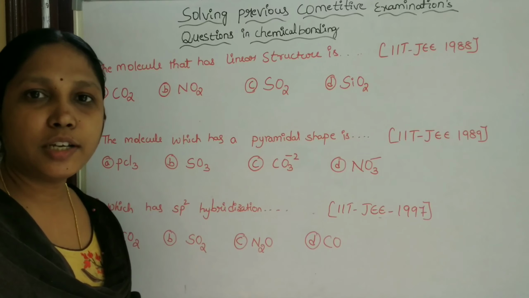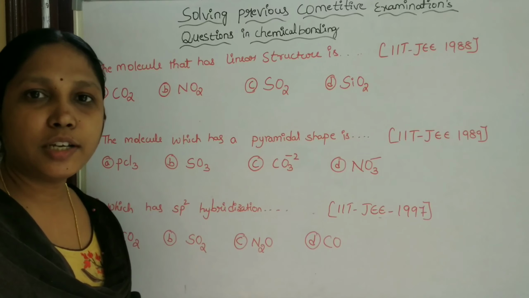If we take any molecule with multiple bonds formed between 2 atoms, one is a sigma bond and the remaining are all pi bonds. Here oxygen forms 2 bonds with carbon: one is sigma and another is pi. In explaining the hybridization concept, we take only sigma bonds.